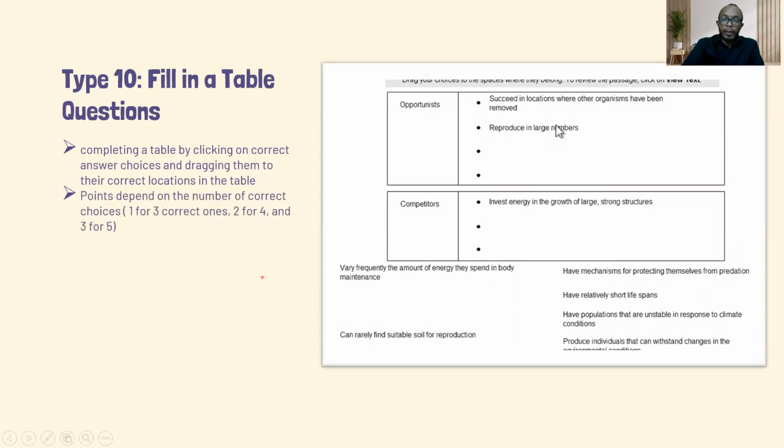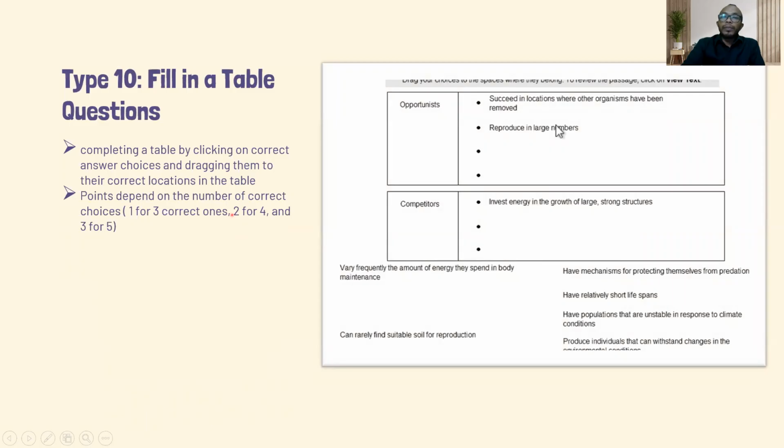And your points will also depend on how many of the information you can answer correctly. Okay, so for example, you can get 1 point for 3 correct options that you can identify.